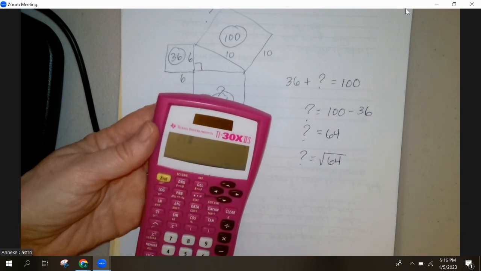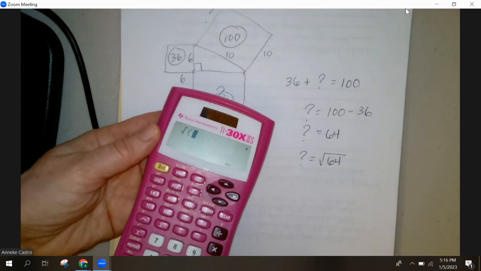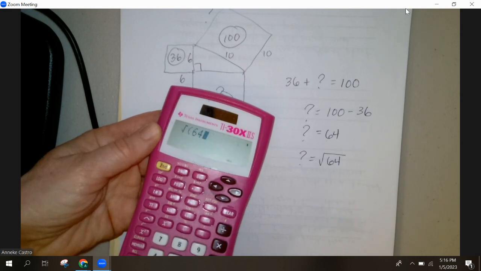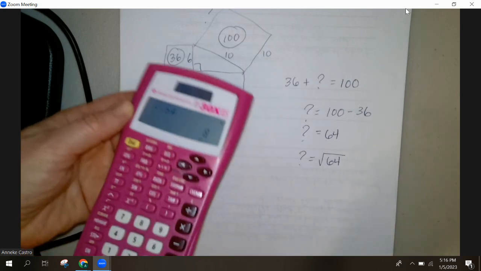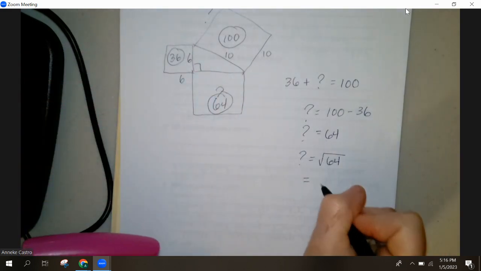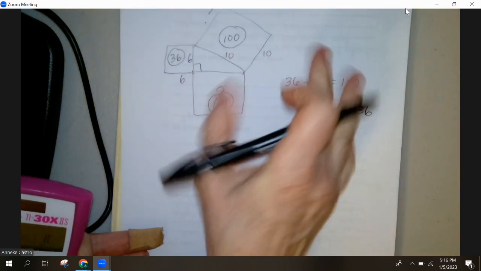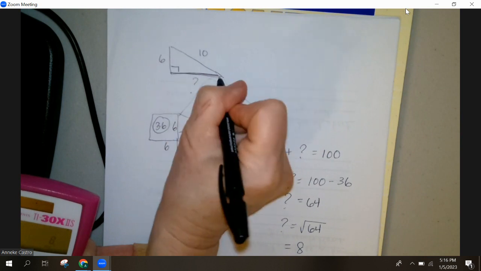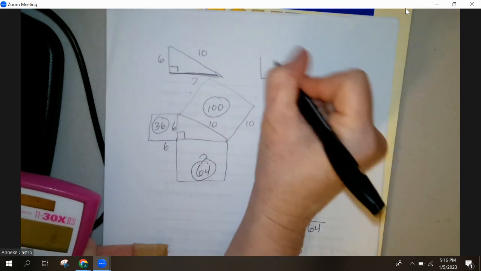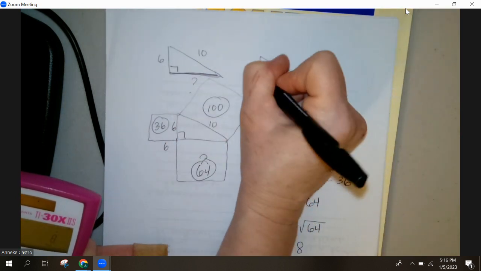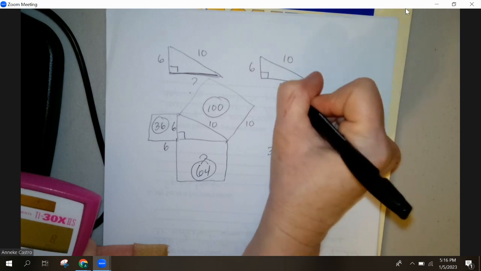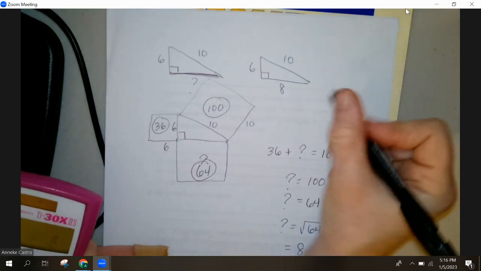Second, x squared to get that square root symbol, and then 64. And I get 8. So my answer is 8. So the side that was missing at the beginning is just 8. So this was 6, this was 10, the missing side is 8.